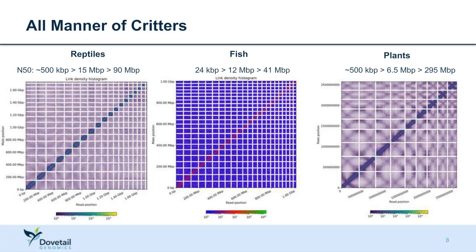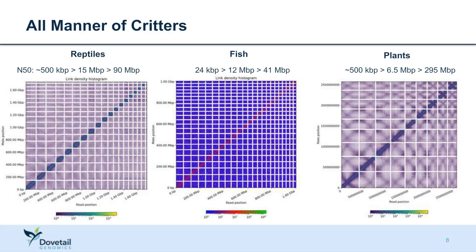So similarly to what you have seen for the bobwhite bird, for the reptile, we started off with a 500 kb N50. After Chicago, it went up to 50 megabases, and after Hi-C, it went up to 90 megabases. And for fish, it was 24 kilobases for a starting assembly. It's a little more fragmented in this case.